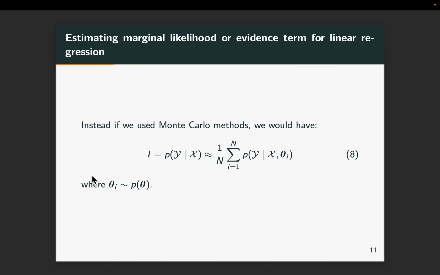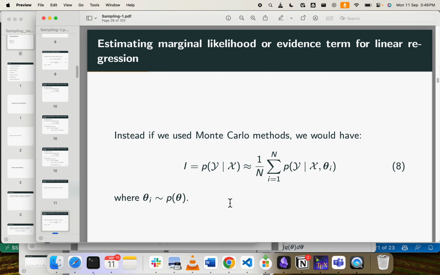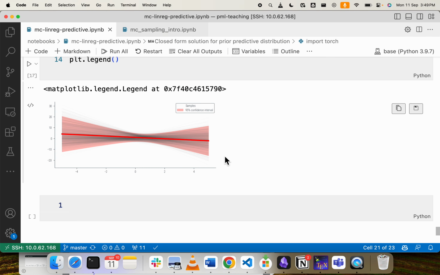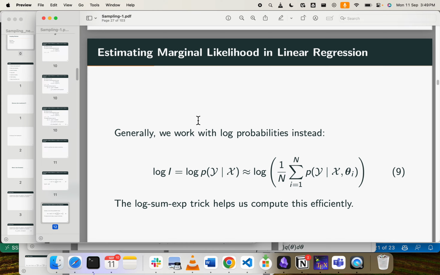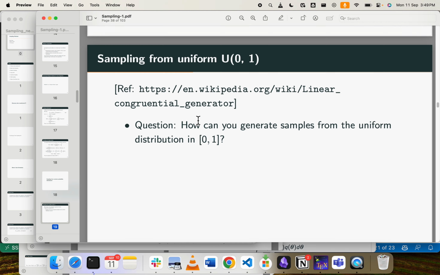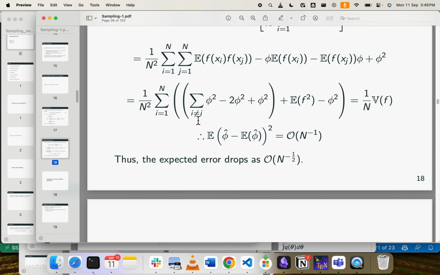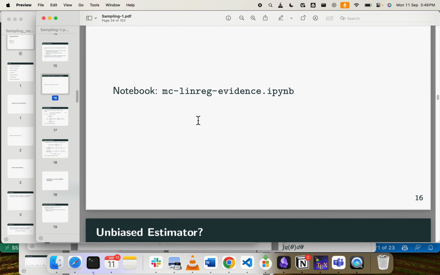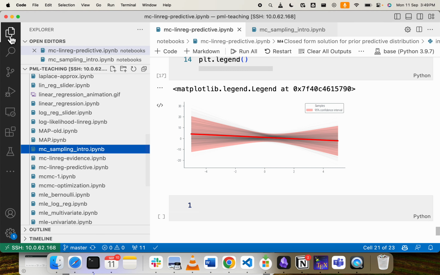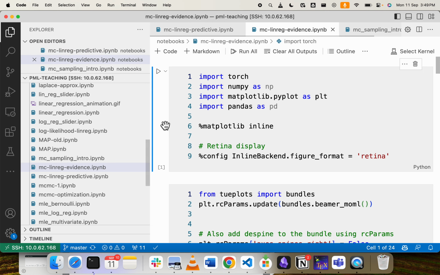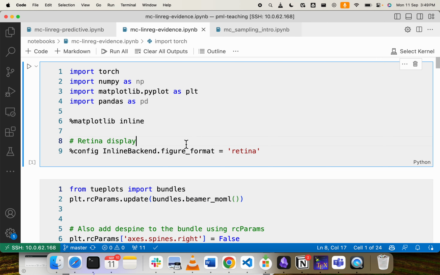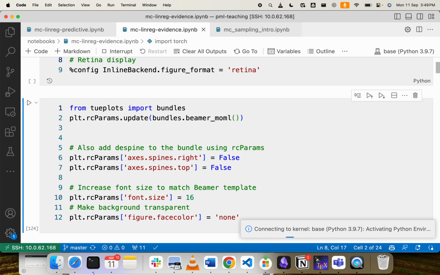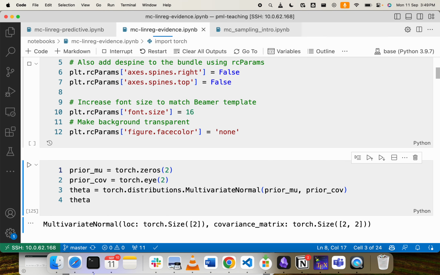So I think we've gone too abstract. Let's go into the code and reflect back. The first part of the code is exactly the same as we'd seen before.